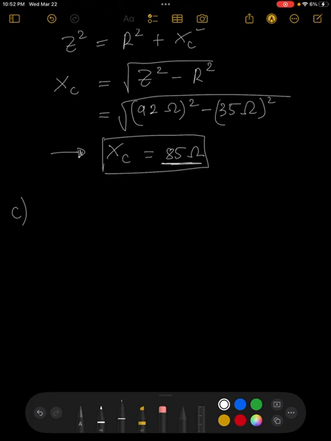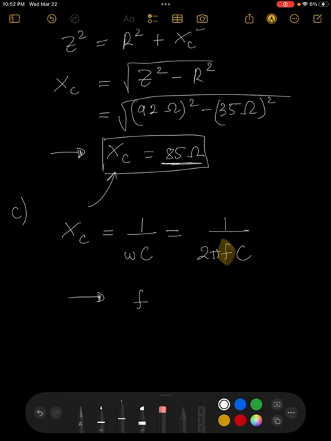We know XC equals 1 over omega times capacitance, and omega is 2 pi f. To find f, we have to isolate f, so f is going to be 1 over 2 pi C XC.